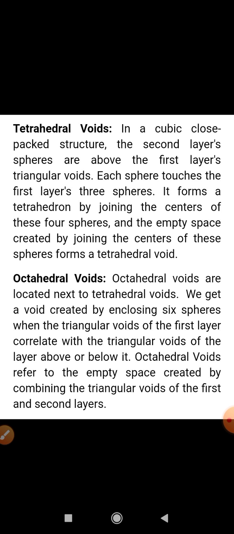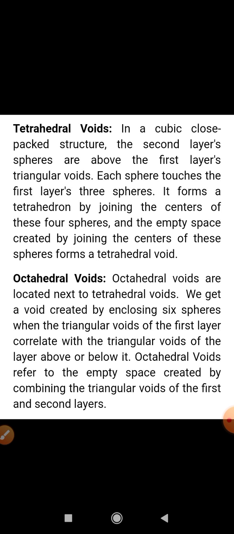That means if we consider the 4 spheres in the arrangement and join their centers, there is formation of a tetrahedron. Each sphere of the upper layer exactly touches the 3 spheres of the lower layer. The voids formed during this arrangement are known as tetrahedral voids because their structure is tetrahedral.